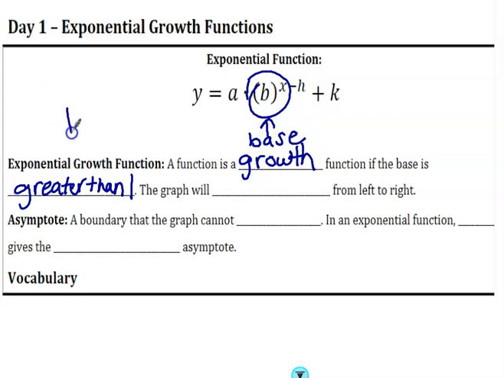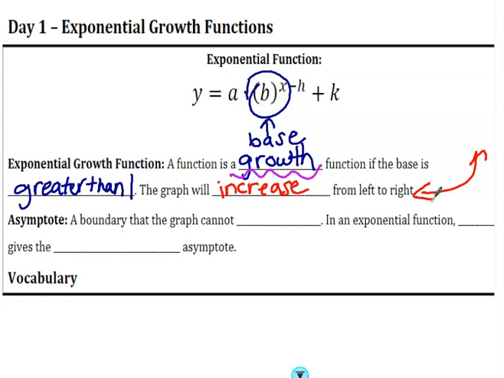If the base would be 1, well, 1 squared is 1. 1 to the third is 1. It wouldn't do anything. It would just be a flat line, okay? So the base has to be greater than 1 in order for it to be a growth. The graph will increase from left to right. So it'll go zoom from left to right.